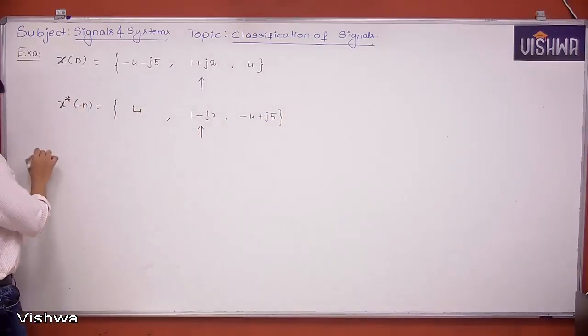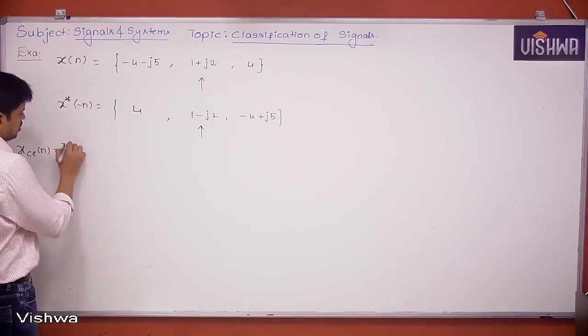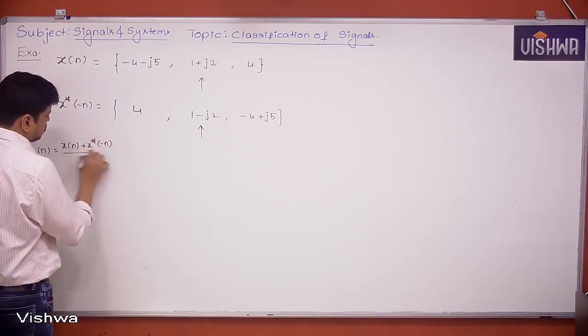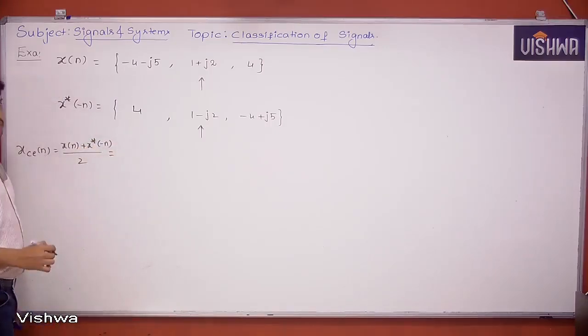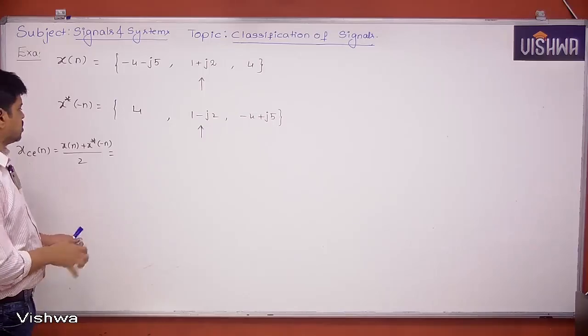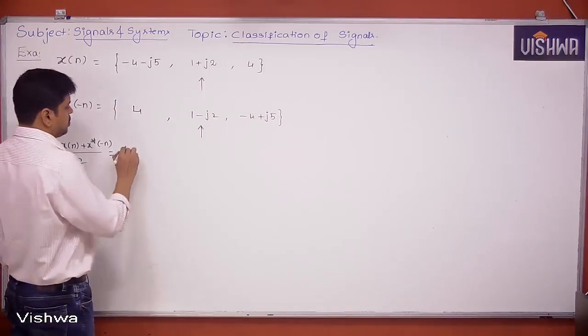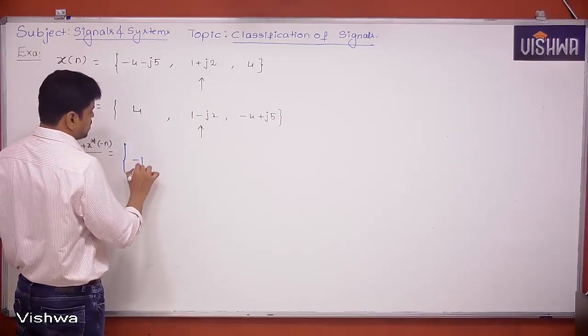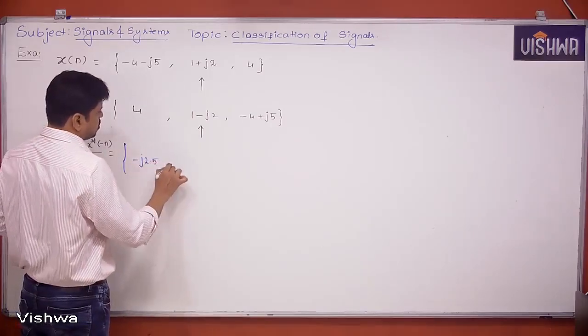Next, the complex even part, that is x of n plus x conjugate of minus n by 2. If you add them, minus 4 plus 4 get cancelled, then it is minus j2.5.